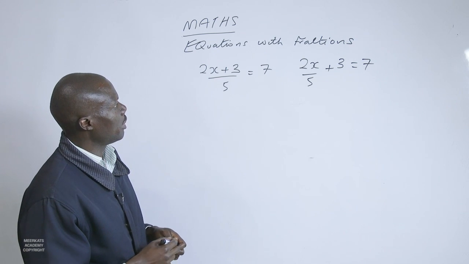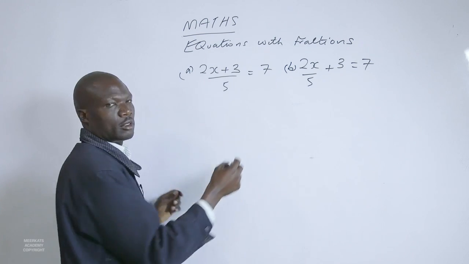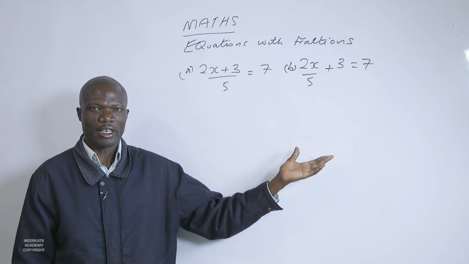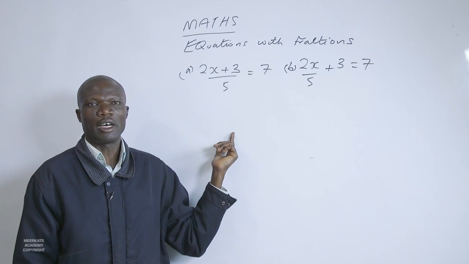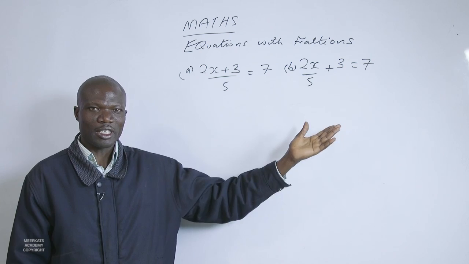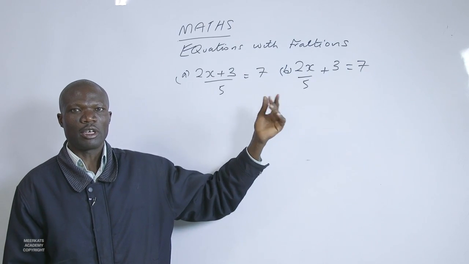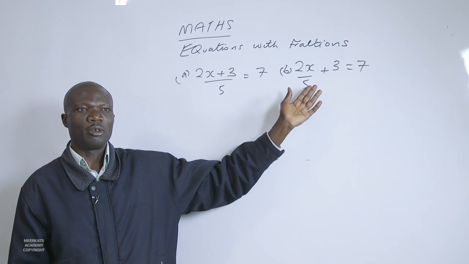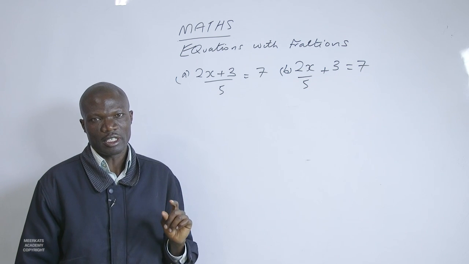Now, looking at these two equations, the first is telling us (2x plus 3) over 5 is equal to 7, and the second one is giving us 2x over 5 plus 3 is equal to 7.